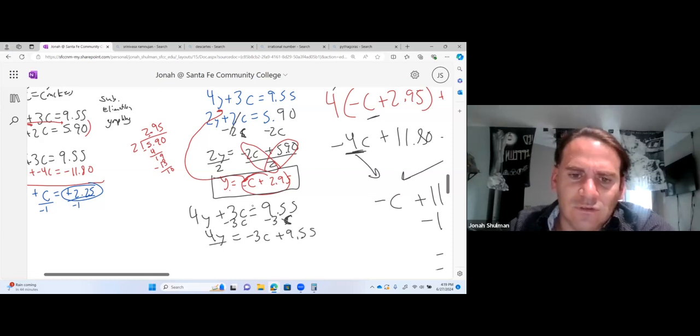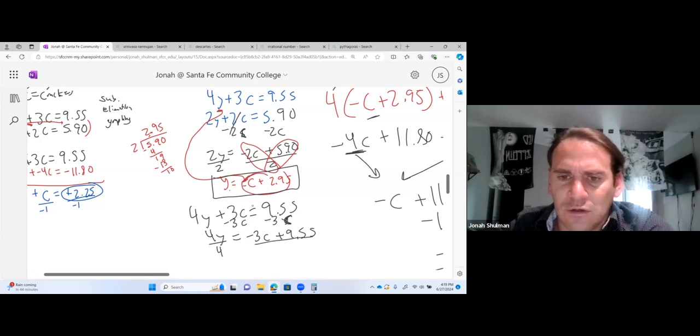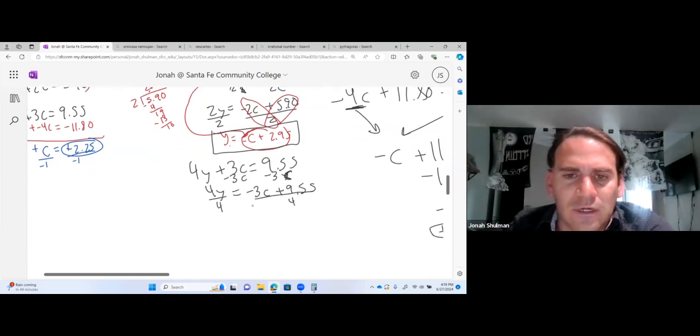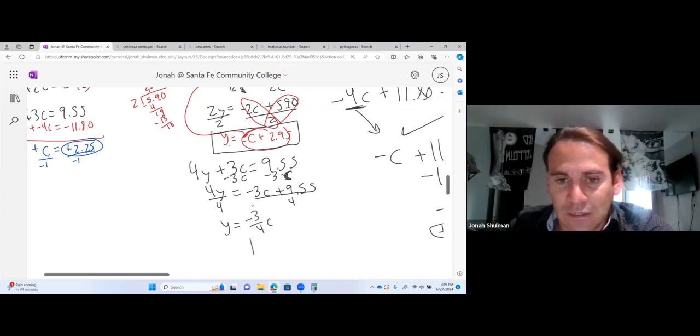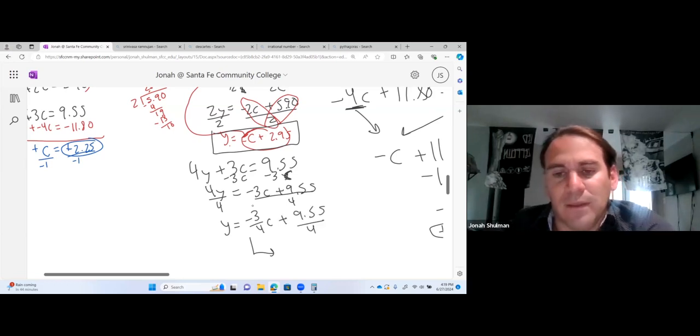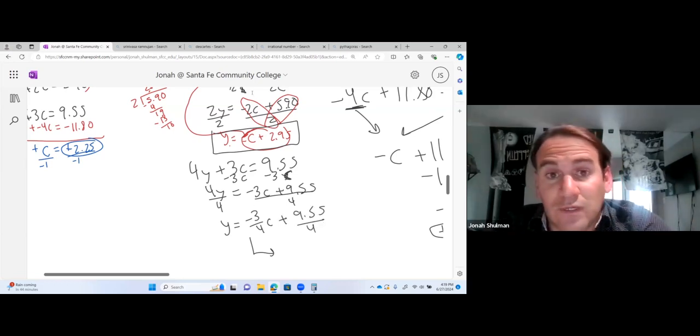Then all we have to do is divide both sides by 4. Remember our lotus flower. So I'm just going to leave it as y equals negative 3/4 c, which means down 3 over 4, plus, and I'm just going to leave it like this, 9.55 divided by 4, because we're just going to put it in the graphing calculator.